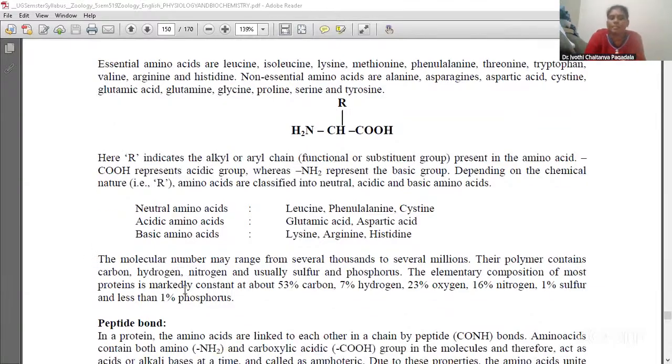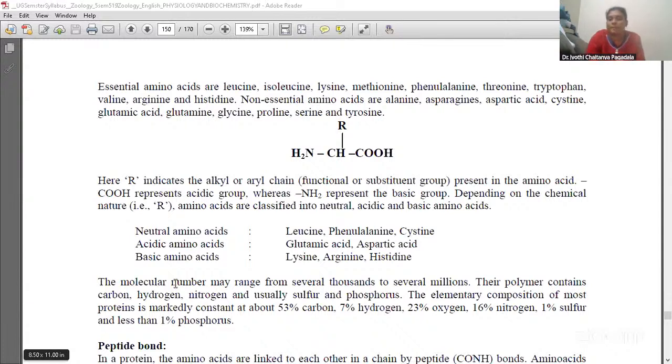Here the molecular weight may range from several thousands to several millions. These polymers contain carbon, hydrogen, nitrogen, and if it is cysteine, it contains sulfur, and also phosphorus.